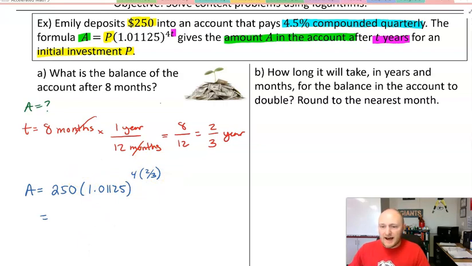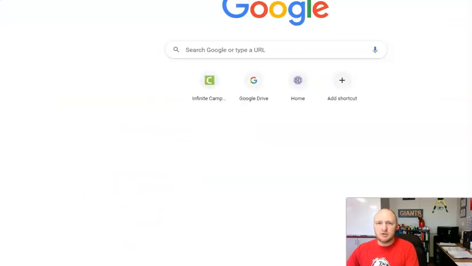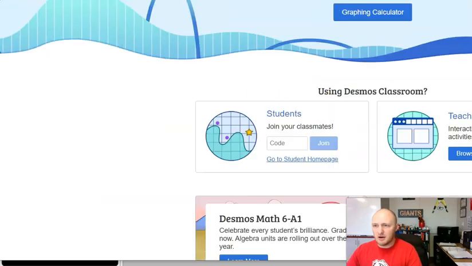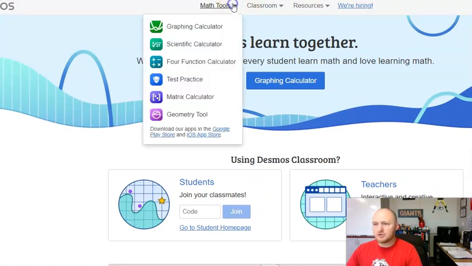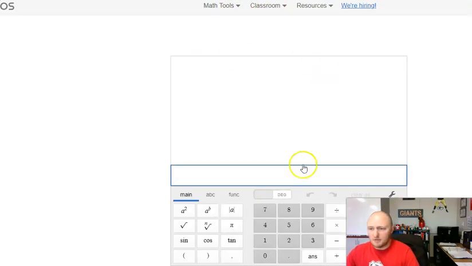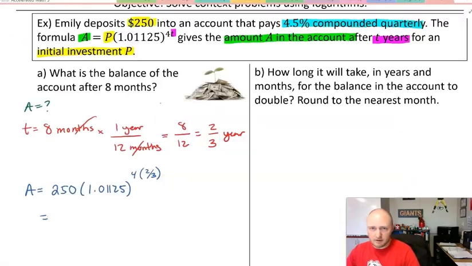If you don't have one of these, I would recommend going to Desmos.com. Desmos has a great calculator, and if you click Math Tools right here, you can see just a scientific calculator, and it has a lot of the functions that you'll want to use here. Okay, so if you're looking for a calculator.